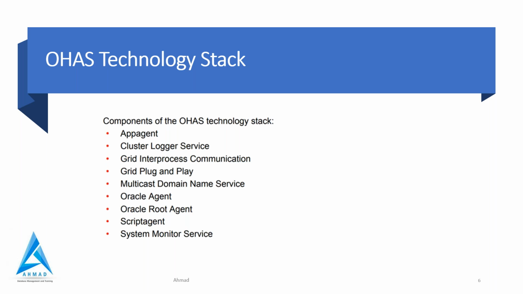When I discuss grid plug and play, I will tell you more on that. Are there any components added or omitted between 11g and 12c? I will come to that later. What are the differences between 11g and 12c RAC, we will do a separate lecture on that.